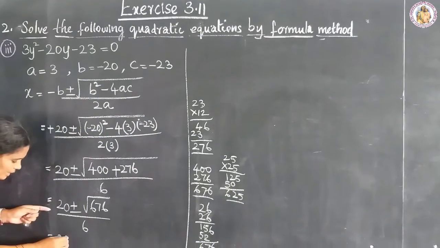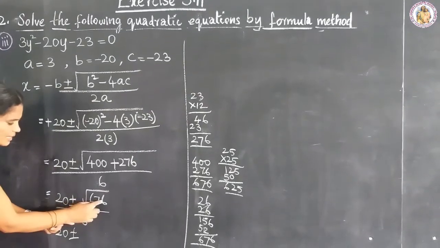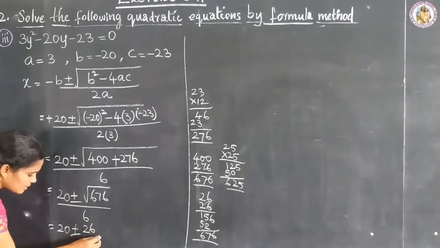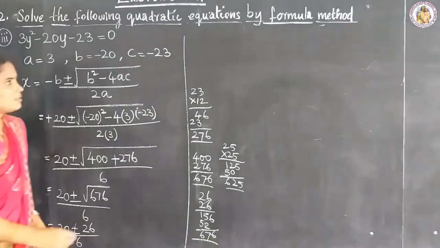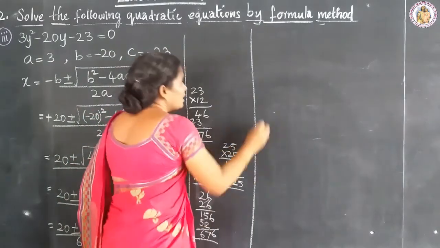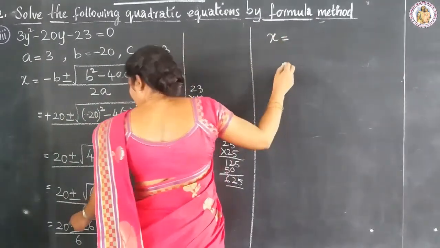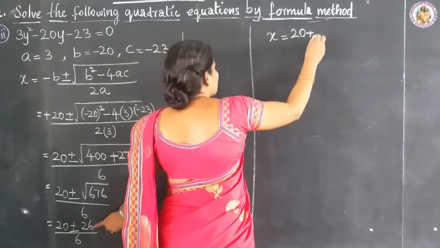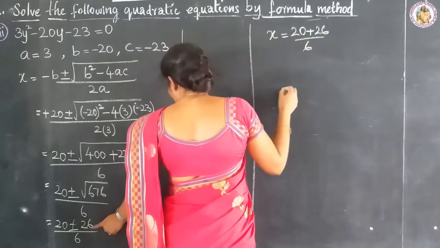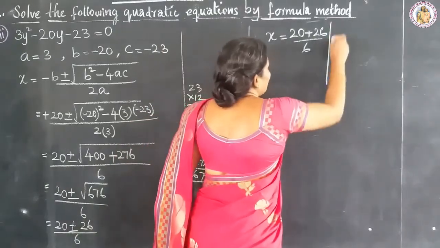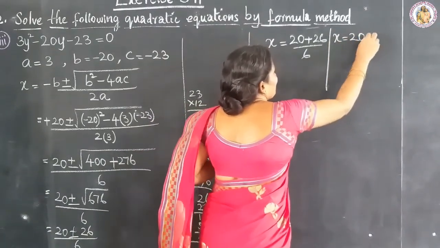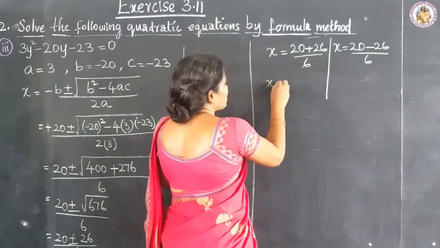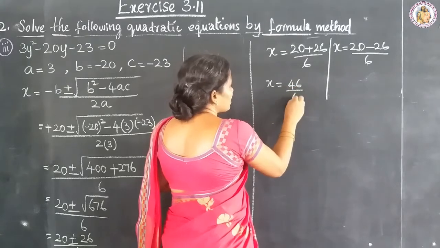So now write 20 plus or minus square root of 676, which is 26. So write 26 by 6. And then x is equal to 20 plus 26 divided by 6. And again x is equal to 20 minus 26 divided by 6. So x is equal to 46 by 6.